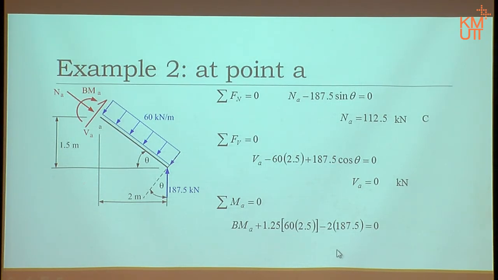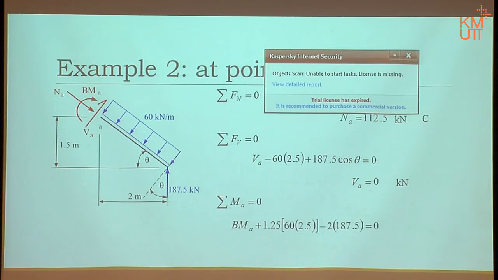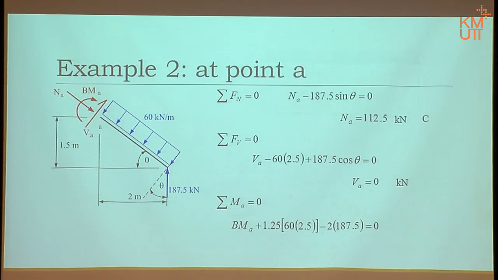You can take 187.5 cosine times 2.5, you can do that too, but it's longer. So, before you calculate the moment, always ask yourself whether it is easier to get the 90-degree distance rather than take components of the forces. Okay? The key is 90 degrees.